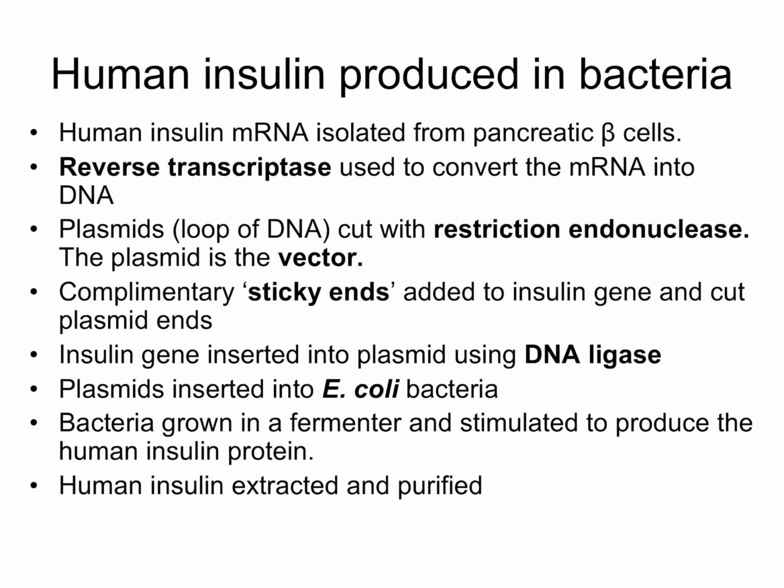It was pig insulin or cow insulin. So using this human insulin produced by genetically modified bacteria really revolutionised the treatment of diabetes and allowed it to be produced in large quantities and at a much lower price. And also it allowed the production of that pure human insulin, which is much better tolerated by people who are treated for diabetes.